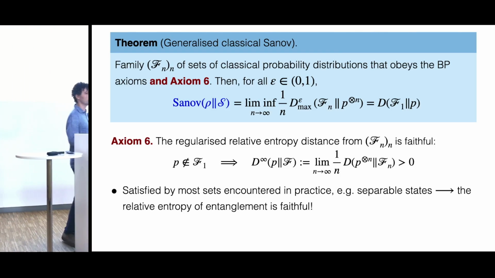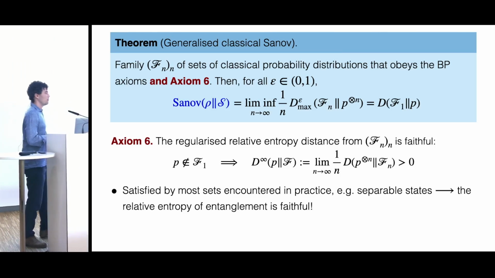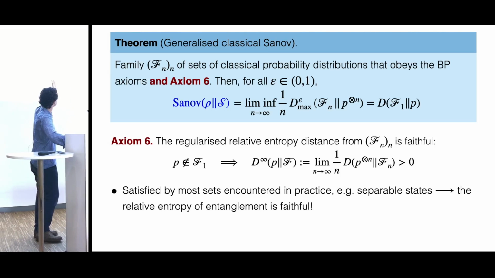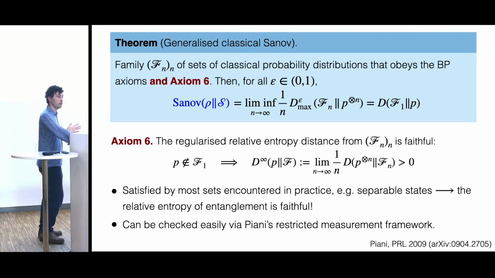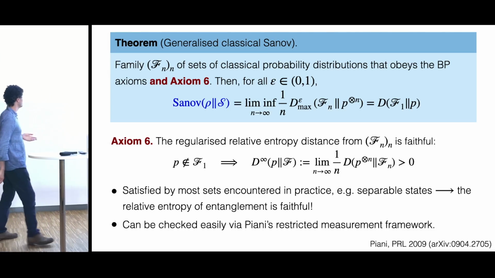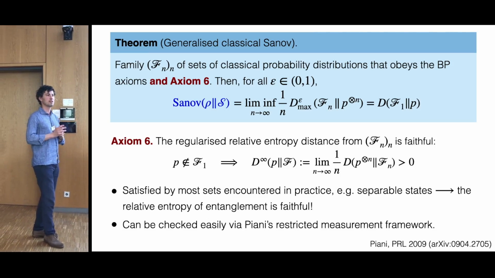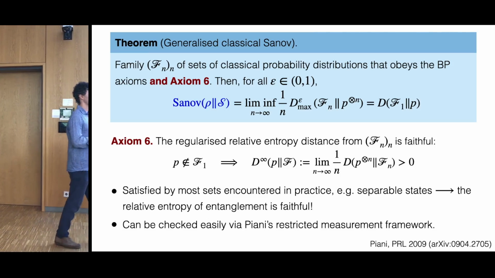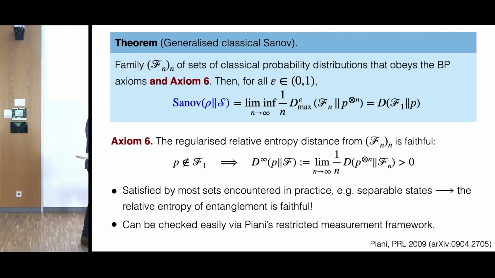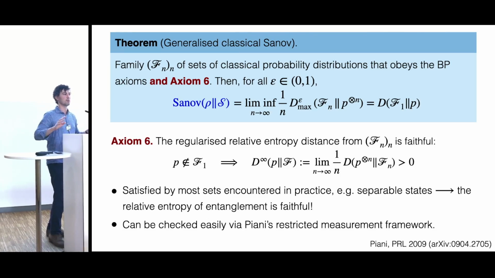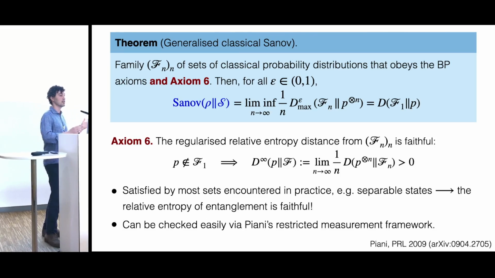So this violates this rule. But in fact, you can relax this axiom so as to remove this entropy. There is a powerful way of doing that, which is due to Marco Piani, which is to introduce restricted sets of compatible measurements. In this way you can formulate this axiom in a bit more cumbersome way, but also without entropy. So it's just something operational that you can check at the single-letter level.